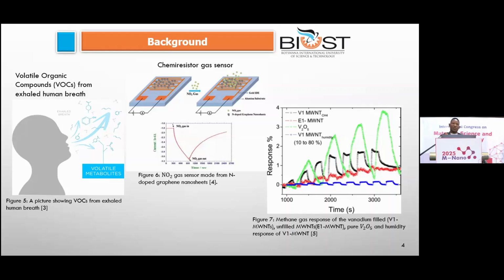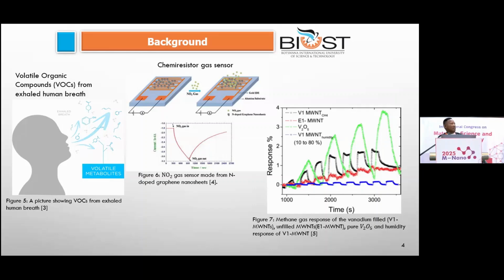Therefore, there are VOCs that can be produced because of the presence of the disease. We also know that there are chemical-resistive gas sensors that can be used to detect these VOCs at low concentrations of parts per million. They show a change in resistance when they're exposed to these gases, as can be seen in this graph.